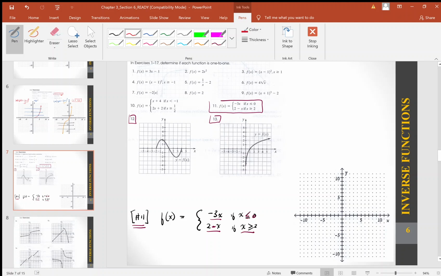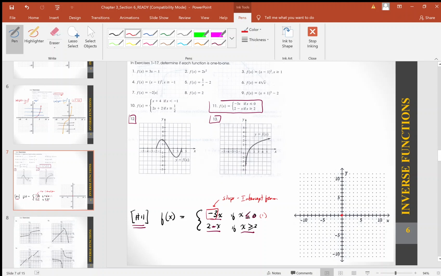Okay, so I'm going to choose the first one here. It's going to start from 0. If you look at this as a linear equation in slope-intercept form, we have a slope here of negative 3 over 1.